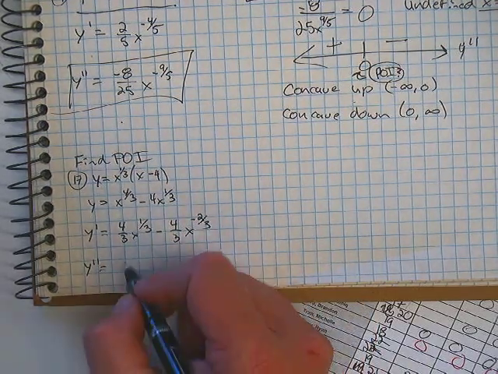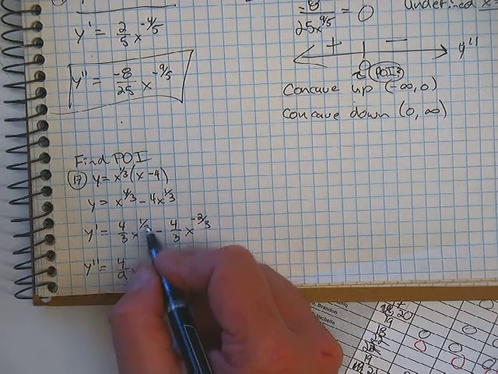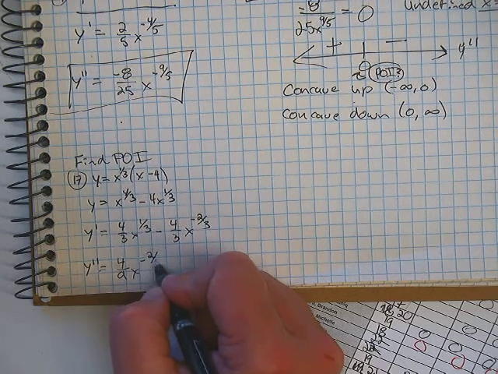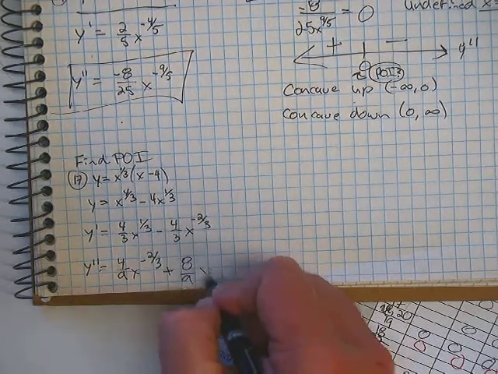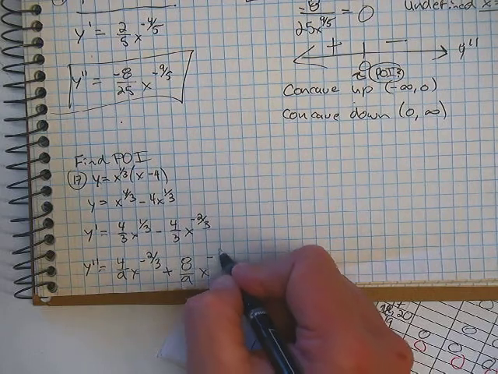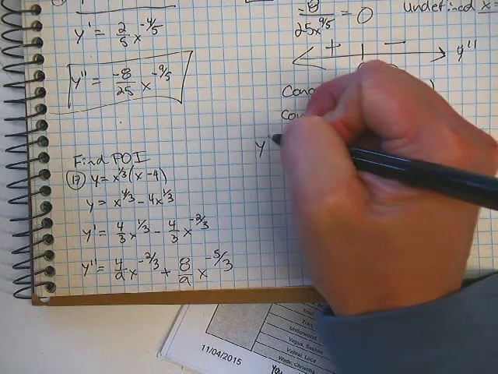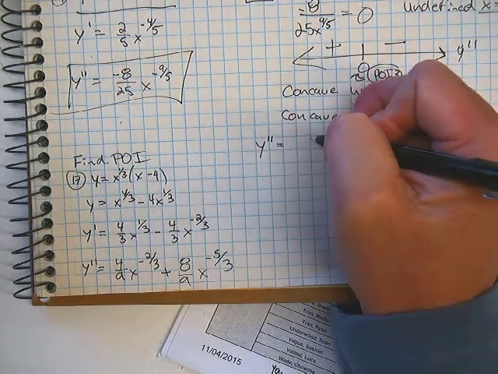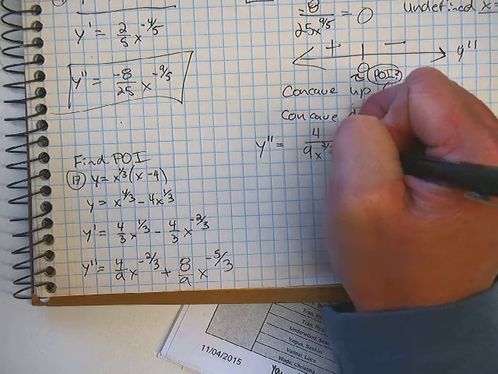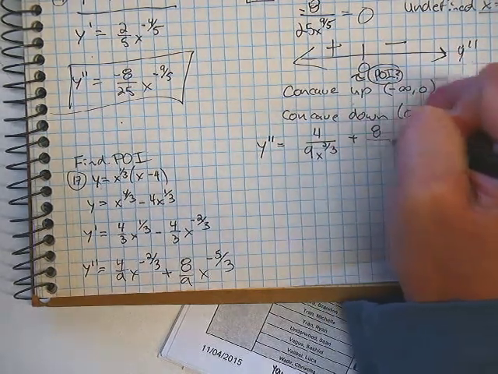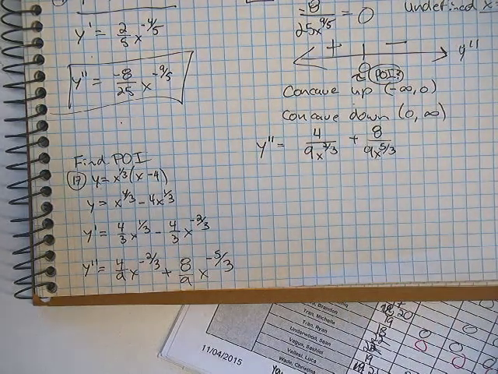Y prime equals 4/3 x to the 1/3 minus 4/3 x to the negative 2/3. Y double prime gives us 4/9 x to the negative 2/3 plus 8/9 x to the negative 5/3.